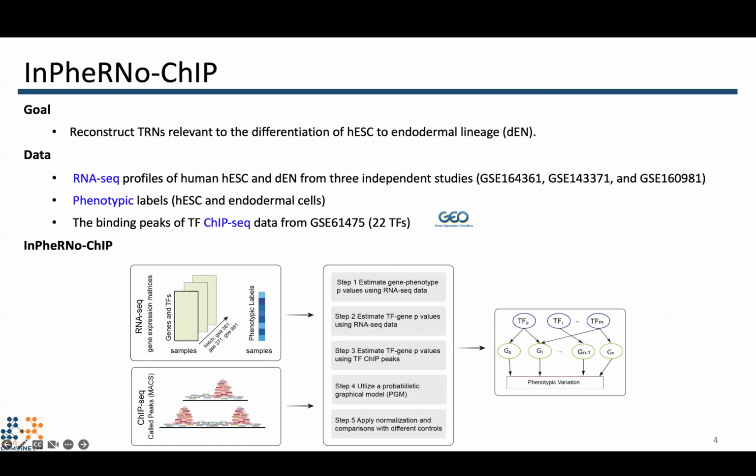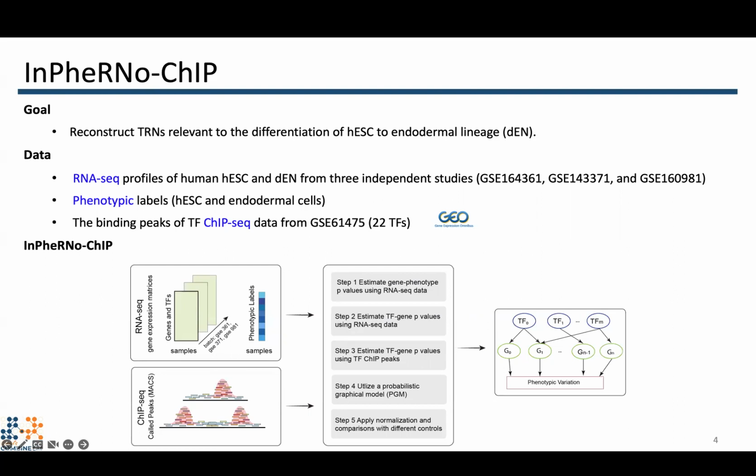Here, I'm showing you the pipeline of InPheRNo-ChIP. In step 1, we perform differential expression analysis on the integrated gene expression dataset to obtain p-values associated with how much a gene is differentially expressed in human embryonic stem cells versus endodermal cells. Then, in steps 2 and 3, we obtain 2 lists of p-values of TF-gene associations from ChIP-seq and RNA-seq data.